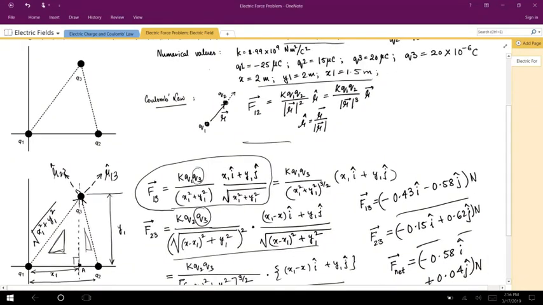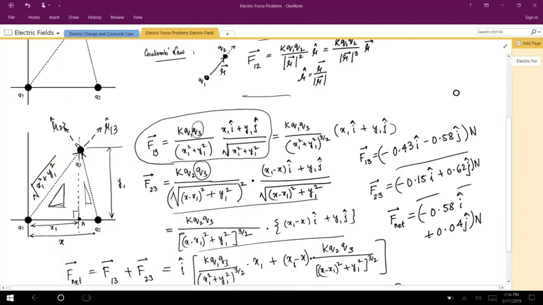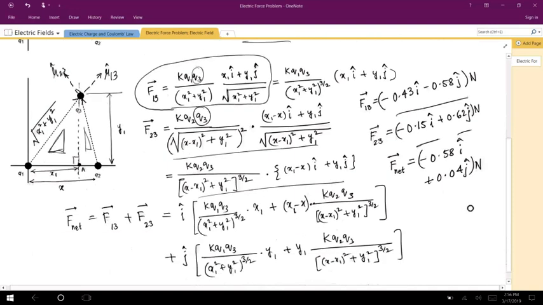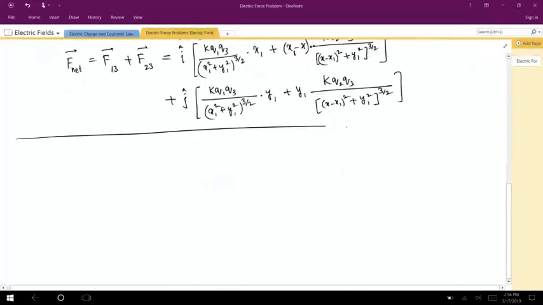So one can set up an idea where even in the absence of Q3, there is as if there is some object, some abstract object over here, which when you put Q3 in there, feels the force. And this abstract object is what we refer to as an electric field. Okay, so this is our segue to definitions of electric field.